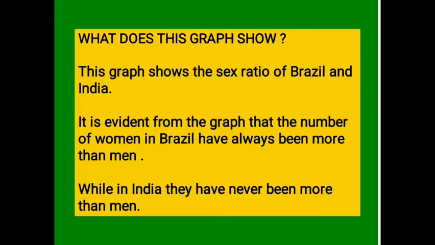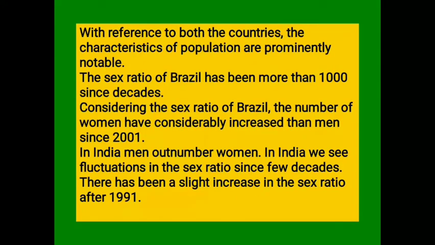We have come across both the graphs and we have a few questions here. The first one: what does this graph show? This graph shows the sex ratio of Brazil and India. From the graphs, it is evident that the number of women in Brazil has always been more than men, while in India, it has never been more than men.